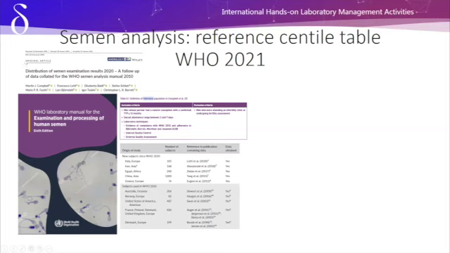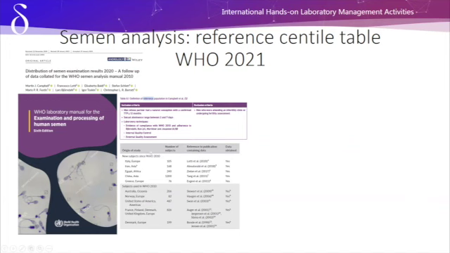The manual is using the distribution of semen examination results published in 2021, and which collated together the results of a population of fertile men coming from different countries and different continents, as you can see here.